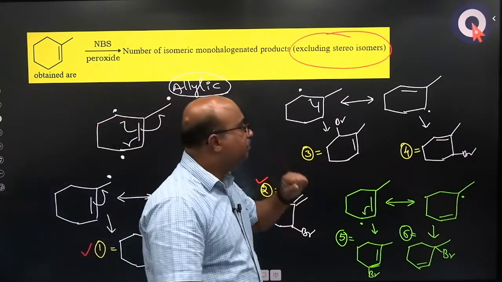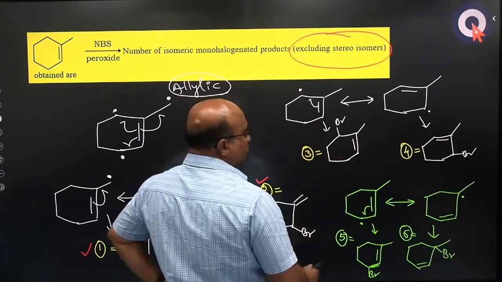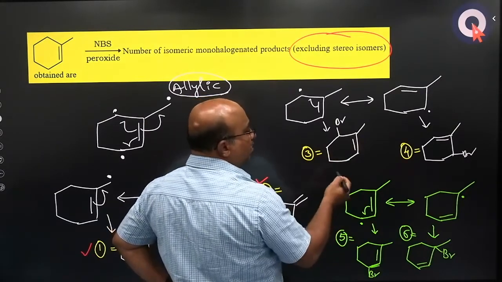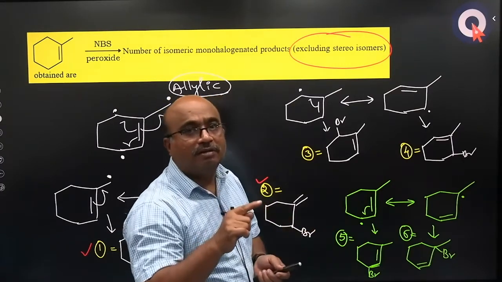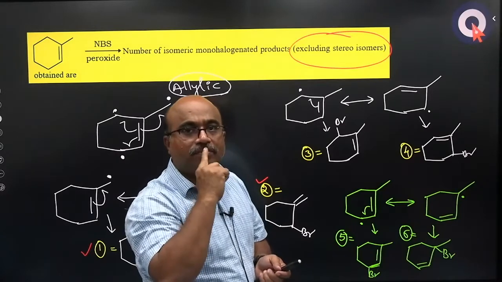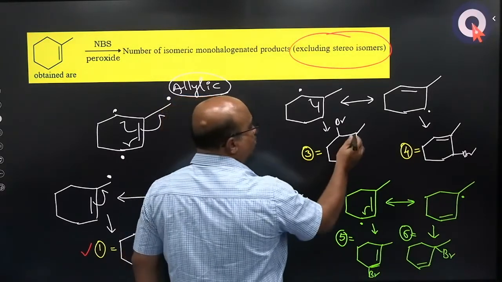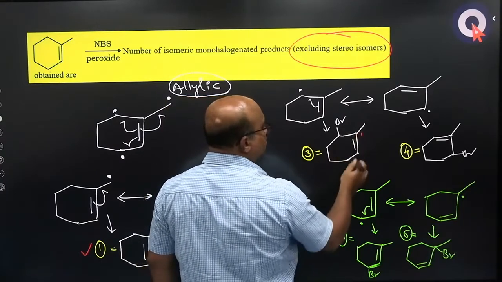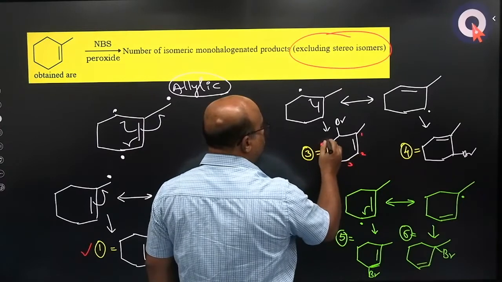Then this one. What numbering system do you generally use? We always give the double bond more preference, so the double bond should be given 1, and the substituents are given preference later. If you start here, this becomes 1, then 2, 3, 4, 5, 6.